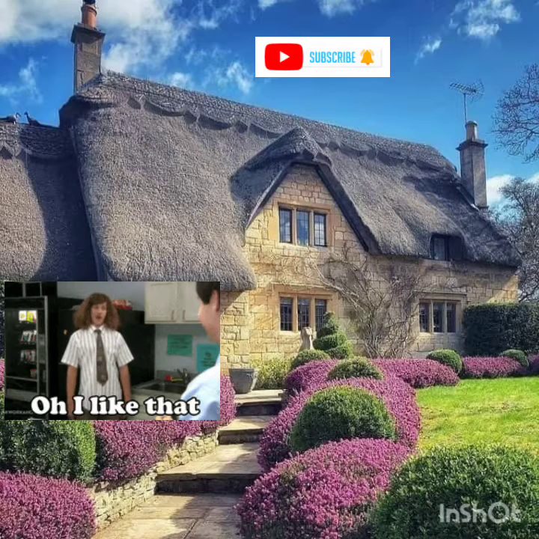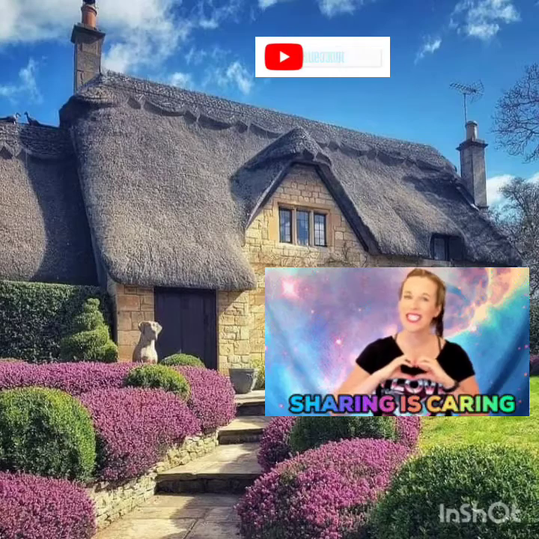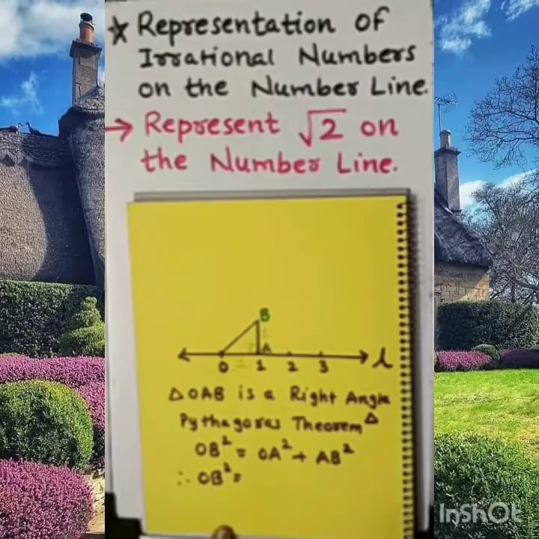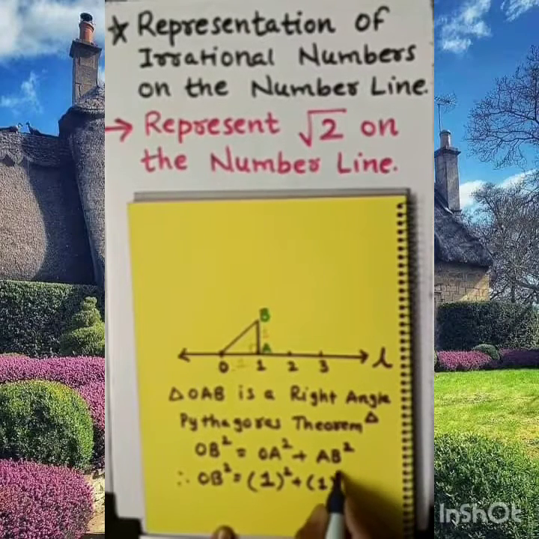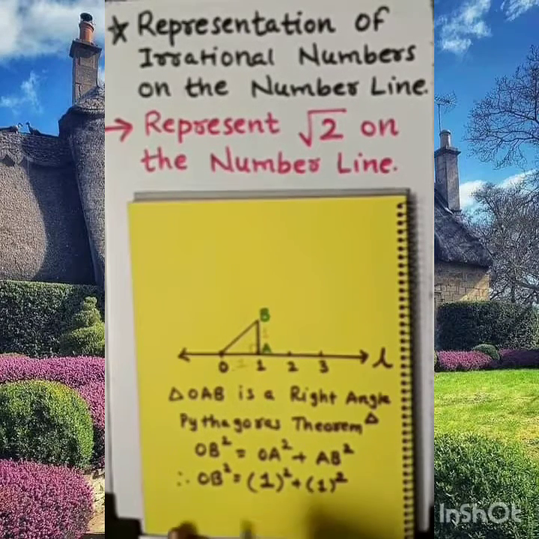To find OB, let OB square be as it is. What is OA? OA we have taken as 1 unit. So it is 1. AB is also 1. So OB square equals 1 plus 1, that is 2.